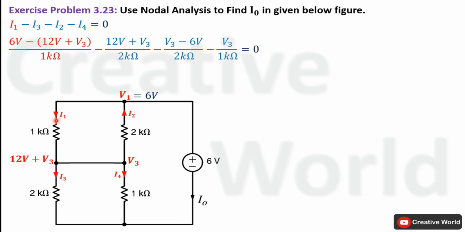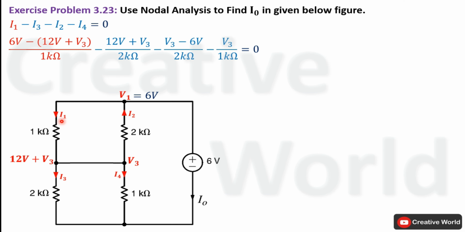And because the direction of current is downward from this node to this node, which is indicating that this node voltage will be considered as higher than this node voltage. That's why we have subtracted this node voltage from V1. And we know that V1 is equal to 6 volt. That's why we have subtracted this node voltage from 6 volt.